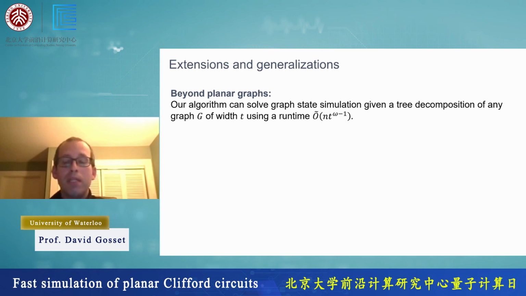But if you give me a tree decomposition of some other graph, and it has some width t, then you can run our algorithm and you will get a classical simulation in time n times t to the omega minus 1. The challenge here is that, in general, it may be hard to compute a good or low treewidth decomposition of a graph, even if one exists. Planar graphs are very special because you can compute these low treewidth decompositions in linear time.